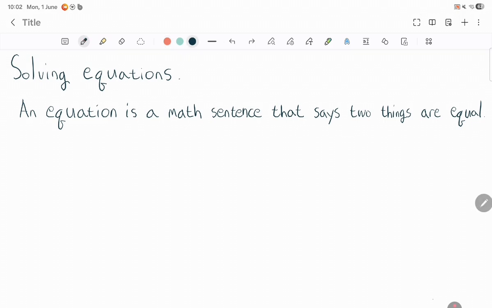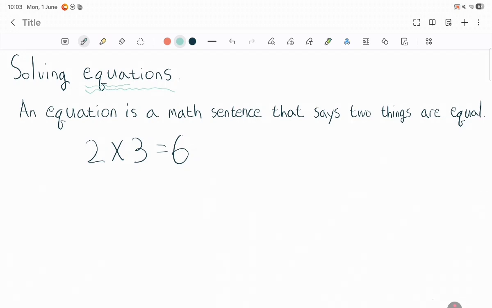So I wrote down the definition of an equation. An equation is a math statement that says two things are equal. Let's see this equation: 2 times 3 equals 6. If you have a look at the word equations, it has EQUA, which comes from equal.